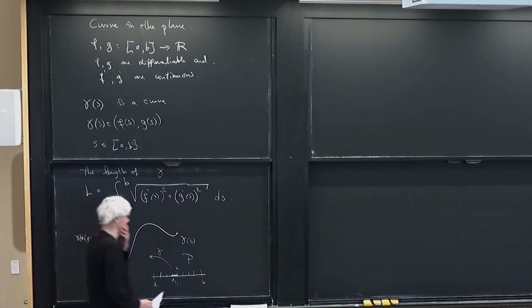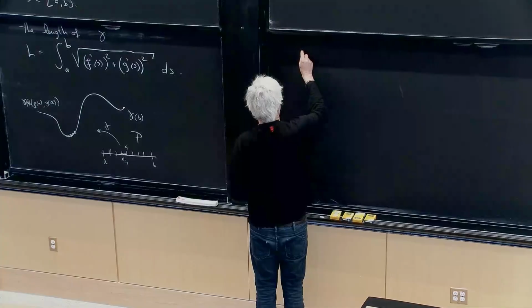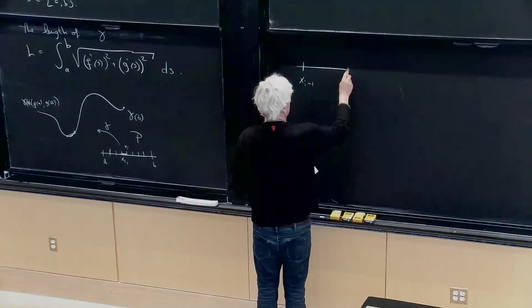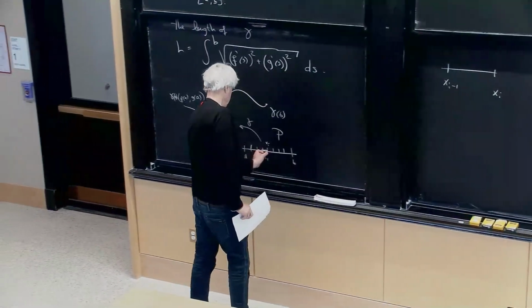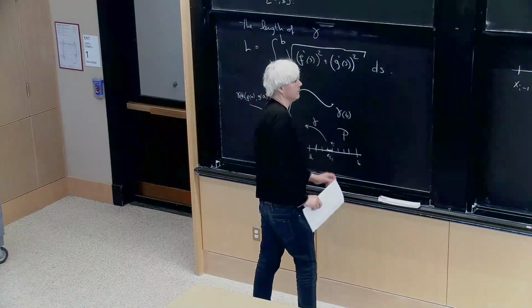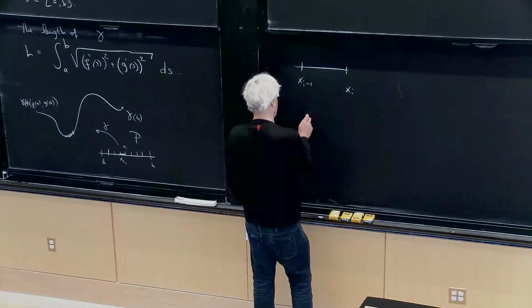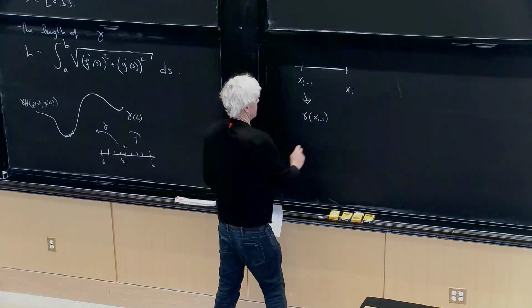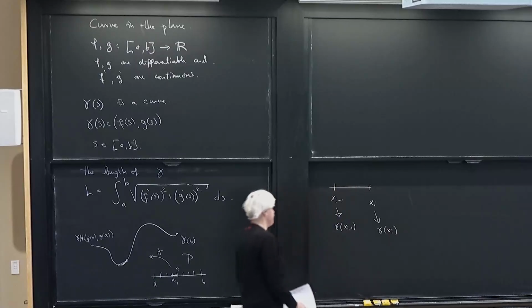So if you do that, then you're looking at the curve on this little interval, and there the curve goes from the initial point, which is the image of x_{i-1}, to the image of this, which is gamma of x_i.